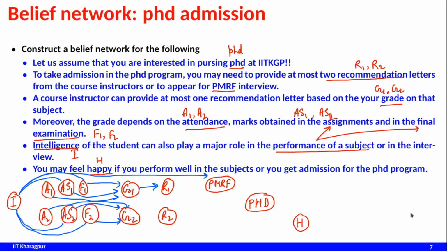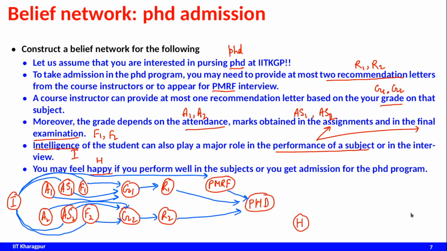Grade 1 will have a probability that I'm getting a recommendation letter. Similarly grade 2 will have influence on recommendation letter 2, and all of this will have dependency on the PhD. So if I receive 2 recommendation letters, I'll be through, or I have to appear for PMRF.